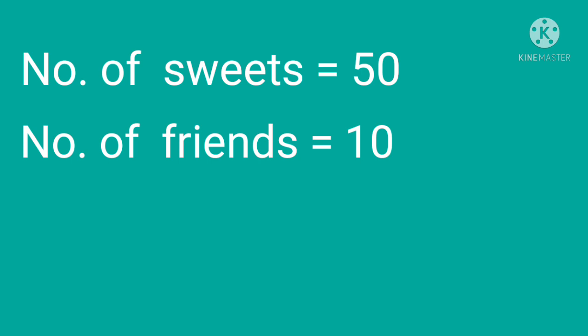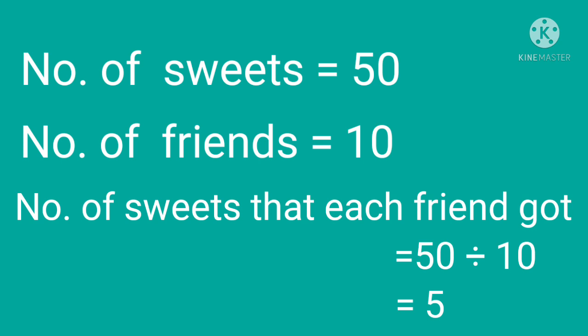So 50 sweets are with him and he distributed them equally to 10 of his friends. So number of sweets that each friend gets equal to, what will we do? Yes, division. 50 divided by 10. So what is the answer, children? When we divide 50 by 10, we will get 5.